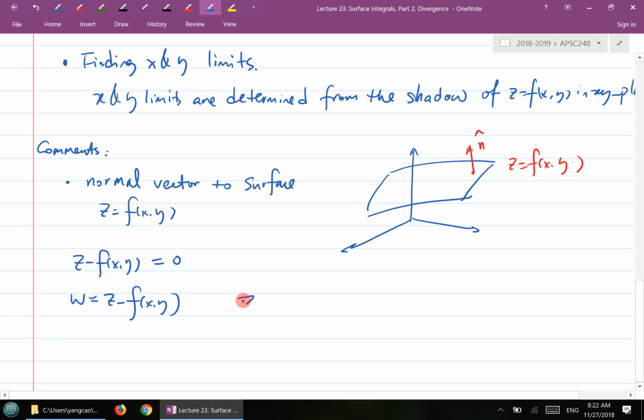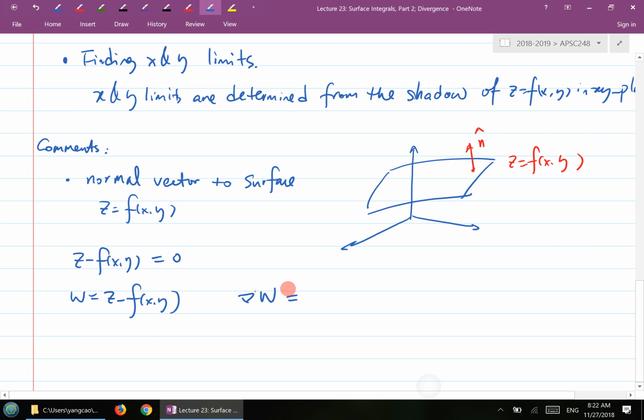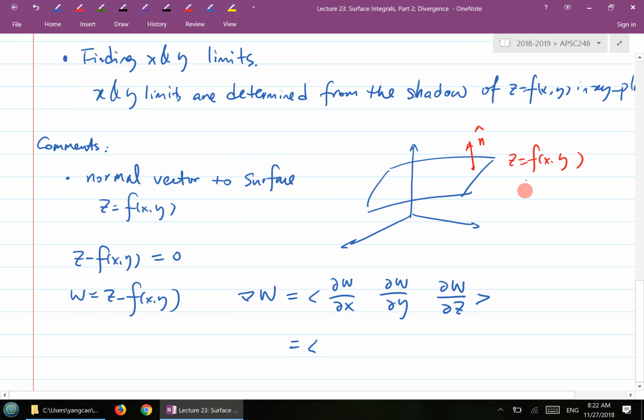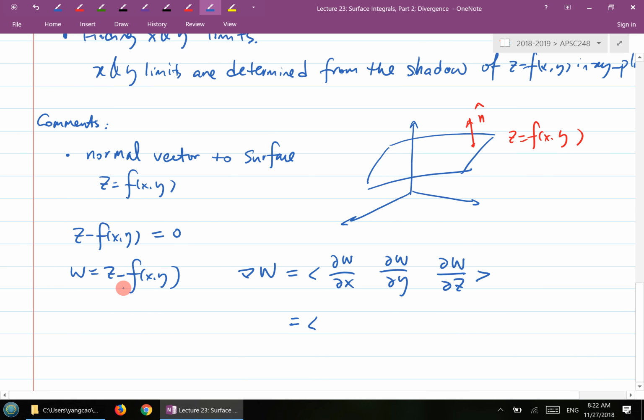Now if you calculate the del w here, which is partial w over partial x, partial w over partial y, and partial w over partial z, and do the partial derivatives, there are two terms in w: z minus f(x,y). So you get negative fx, negative fy, and then 1.